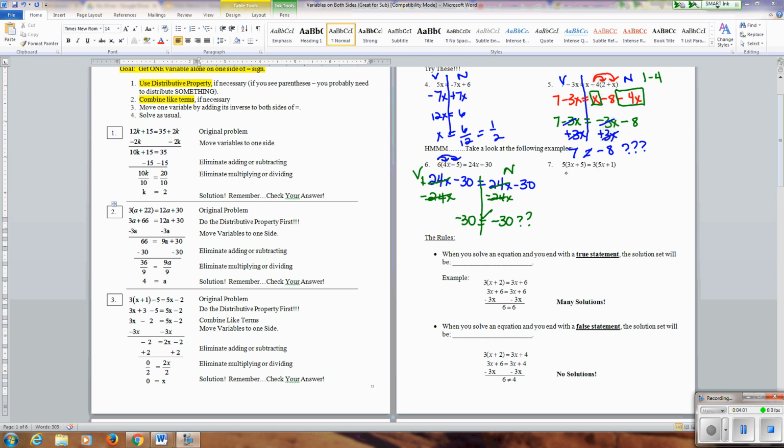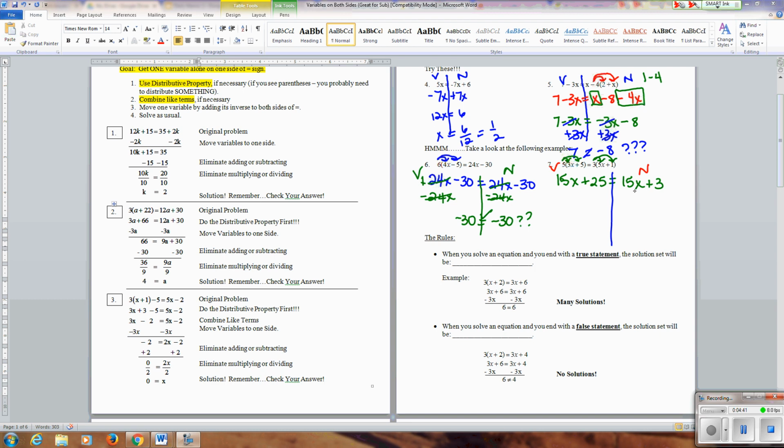So let's try this one. 5 times 3x is 15x. And then 5 times +5 is +25. And then 3 times 5x is 15x. And 3 times +1 is +3. Okay, so let's go ahead and draw my little line, and let's get my variables on this side and my numbers on this side. First of all, as I wrote these, I realized I had no like terms to combine.